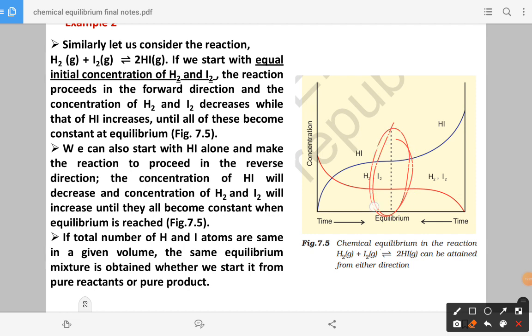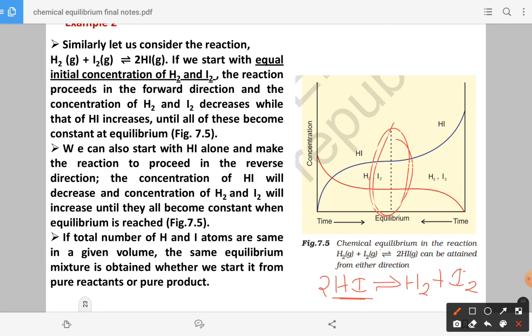Now you go for the reverse reaction. The reverse reaction is 2 moles of HI gives rise to H2 plus I2. This is a reverse reaction. So this is my reactant.